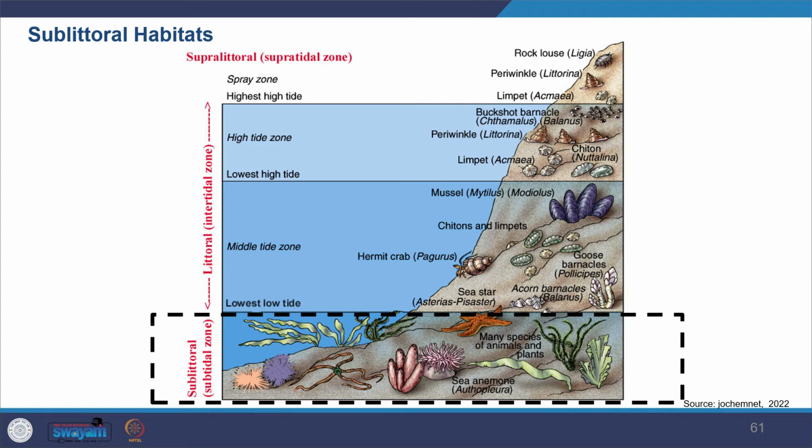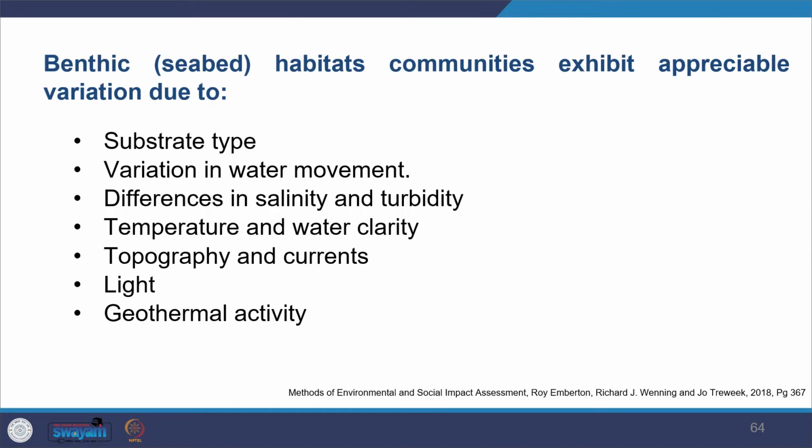And you see that the environmental fluctuation is very low in this zone, and the seabed is very soft in nature in this area. Looking at the substrata type of this sublittoral habitat, this largely controls the range and types of organisms which are present in the area.